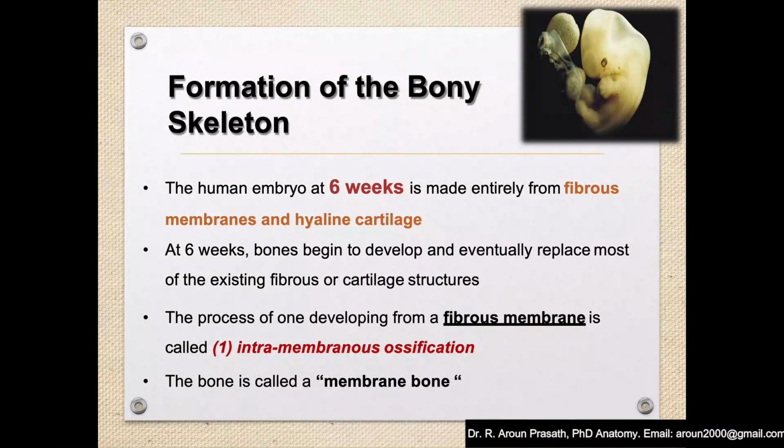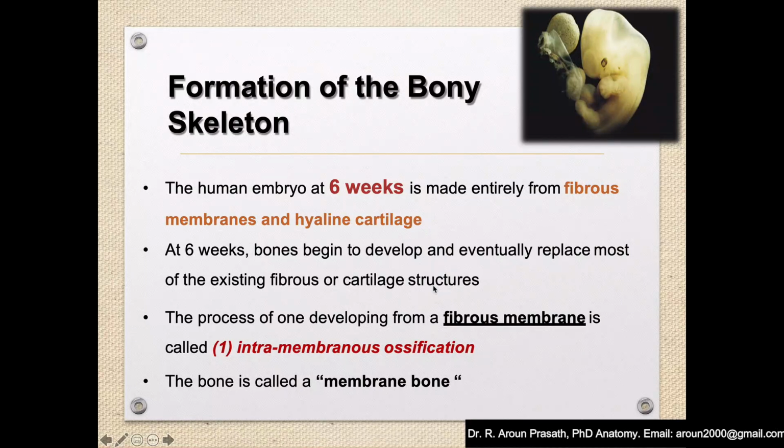Coming to the formation of the bone, the embryo at the 6th week is made entirely from fibrous membrane and hyaline cartilage. This is a 6th week embryo. It is in the form of cartilage only. You can see the limb buds, this is the upper limb bud, this is the lower limb bud, and this is the neural tube.